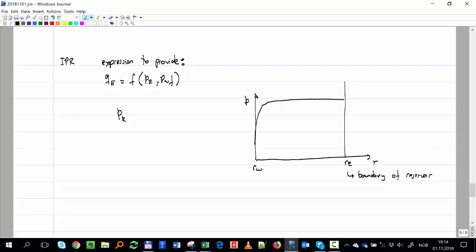To calculate that pressure, you have to make an integral of pressure dV divided by the volume, from RW to RE. That's how you calculate the average pressure.